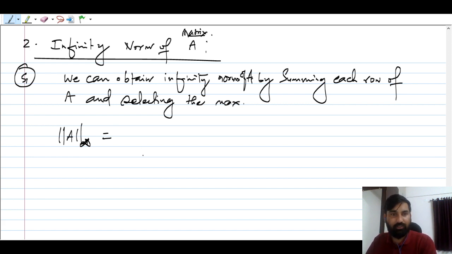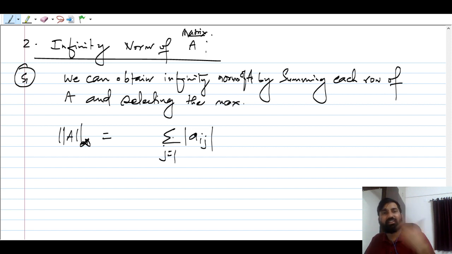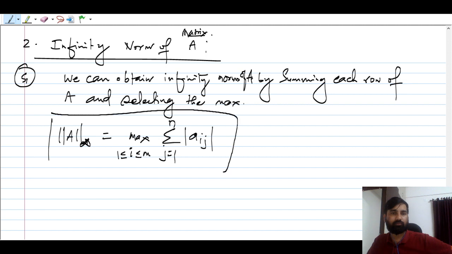So you can write here sum of Aij, magnitude of Aij you have to take, okay? Always keep in mind this is the magnitude, right? And then your summation is running from j equal to 1 to small n, right? And you have to maximize this. Okay, so here i is greater than or equal to 1 and less than or equal to m, right? Okay, so these are the definitions.